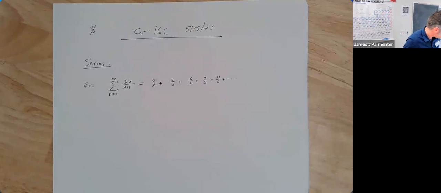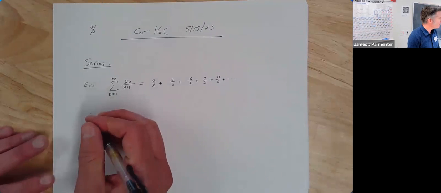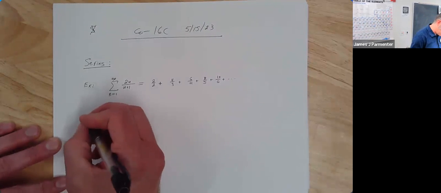Typically, what we talk about when we talk about a series is whether or not the series converges or diverges. A series converges if all the numbers add up to some finite value. The series diverges otherwise. Let me write things down.